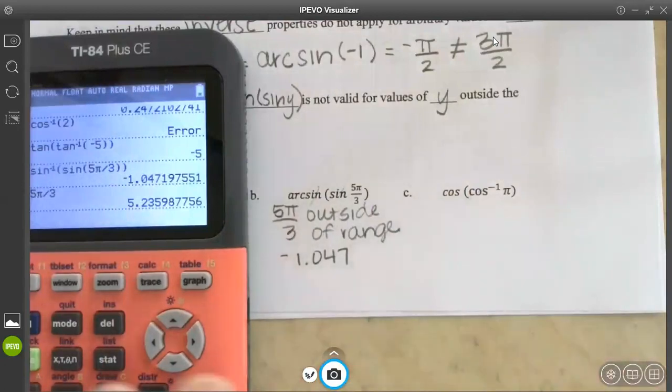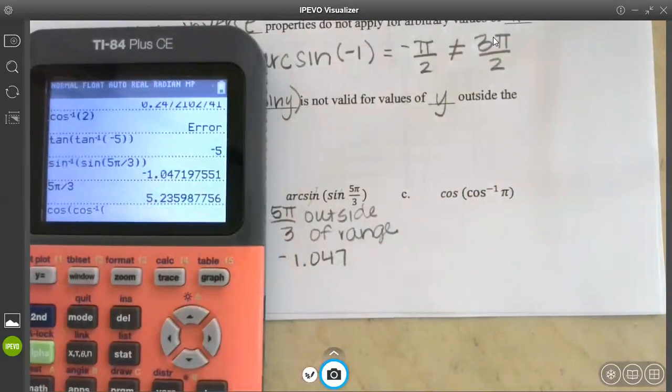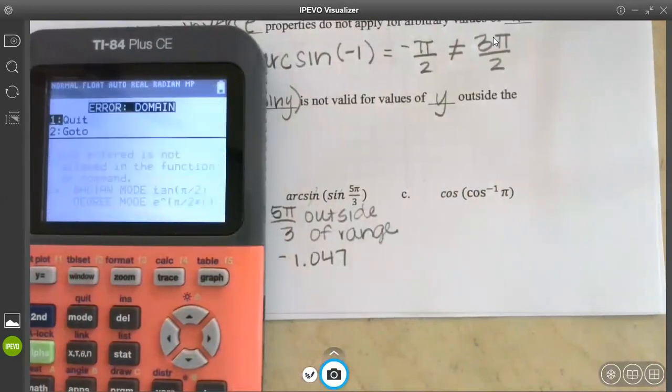What about this one? Cosine inverse cosine of pi. What happened? Does not exist. Why?